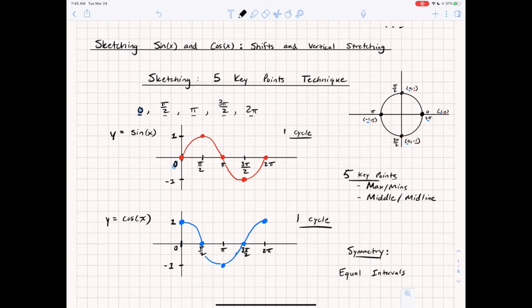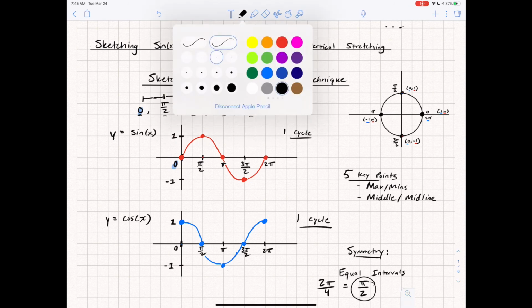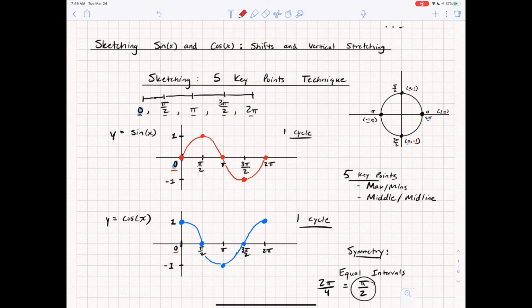And if I look at my radian measures, if I look at these 5 key points, the differences between these are all the same in terms of the lengths. We've taken this overall measure of 2 pi and I've broken it into 4 individual pieces, 4 intervals. And notice that these intervals, not pi over 4, would be pi over 2. And so if I know my starting point, which in this case is going to be 0, notice that each dash mark is gained by adding pi over 2 to each point.